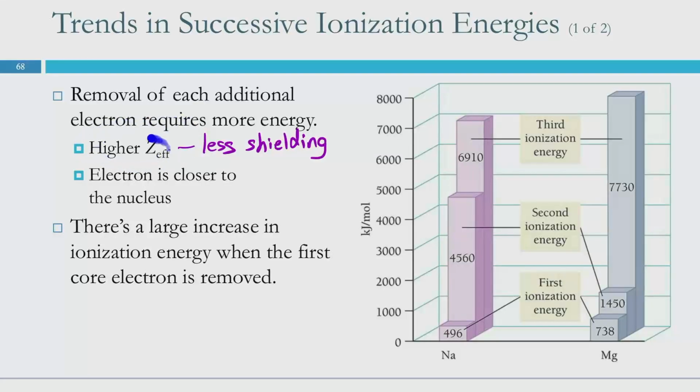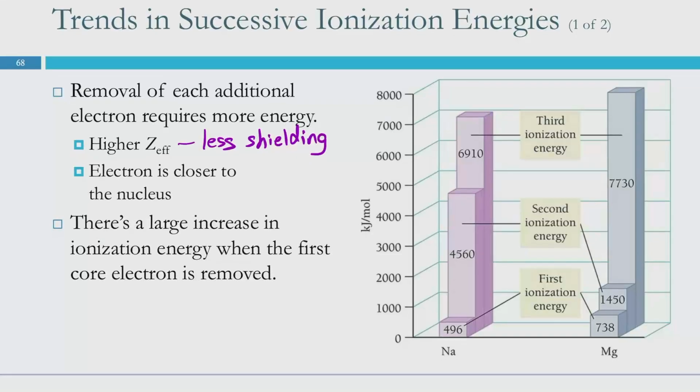That higher effective nuclear charge means our electron's closer to the nucleus, means it's harder to remove. There's also a large increase when the first core electron is removed. So after all valence electrons are gone.